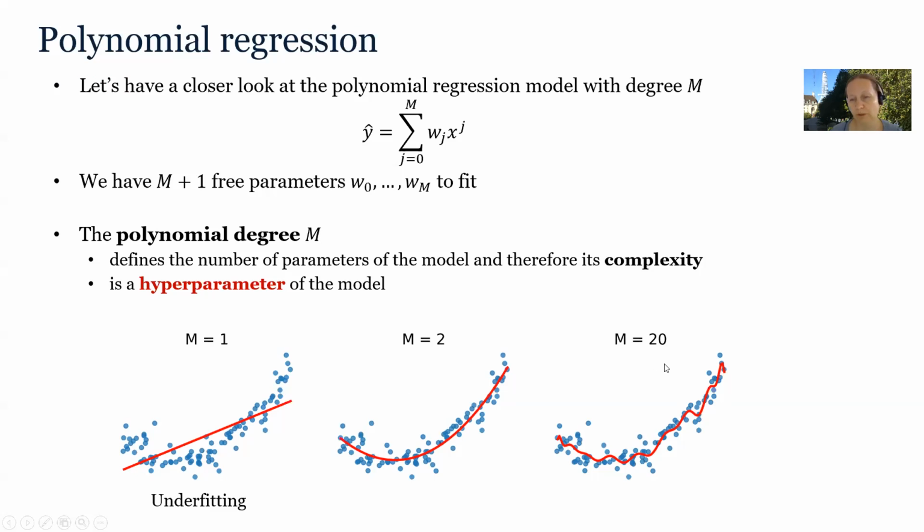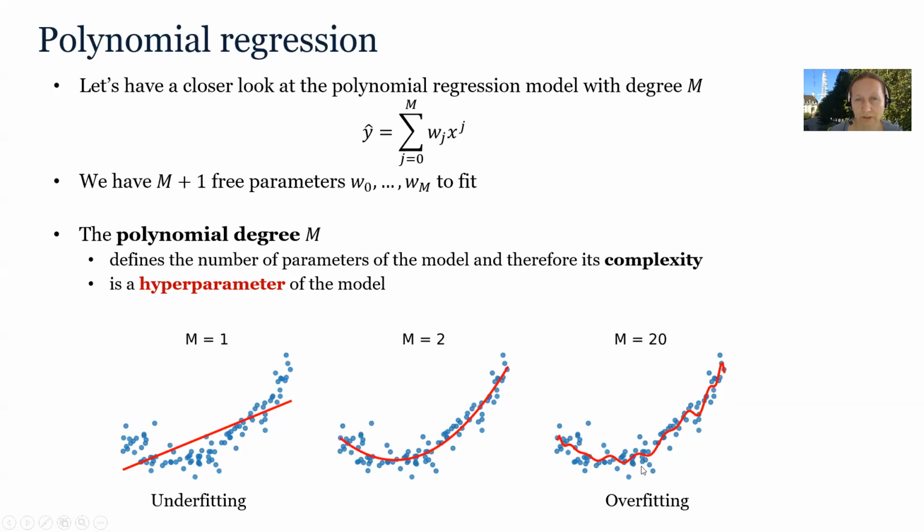What about the polynomial model of degree 20? Is it underfitting, overfitting, or just right? So this model is overfitting, and we can see that it varies too much.